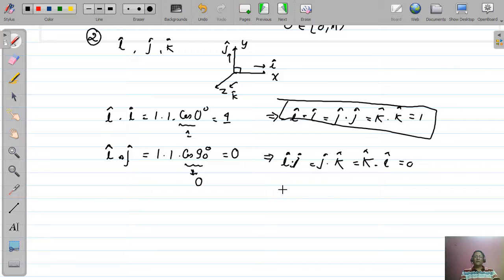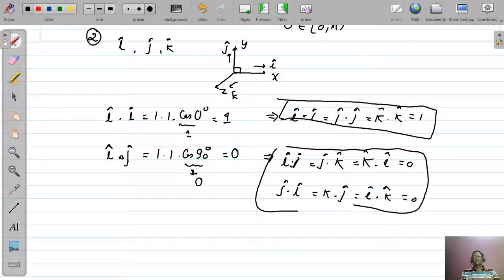If we reverse the order, again a similar situation: j dot i equal to k dot j equal to i dot k equal to 0. So this result is also required to be memorized. Using this result, we can find the dot product of two vectors in terms of their components.